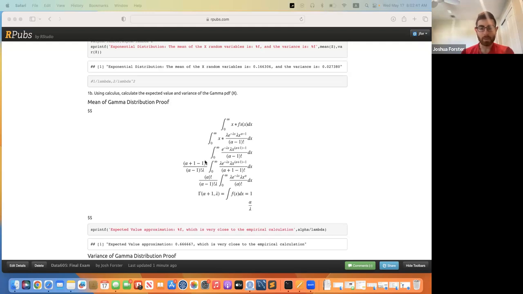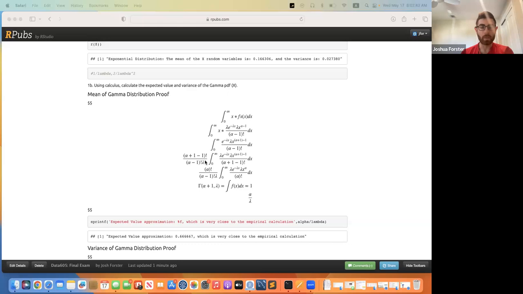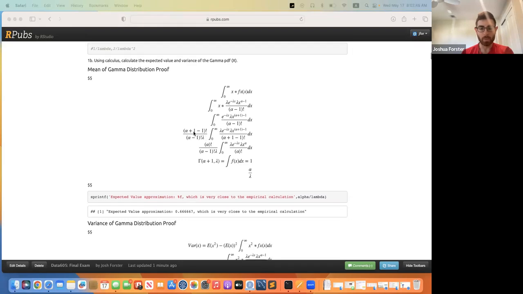But that's basically what I learned in terms of working with proofs related to gamma distributions.